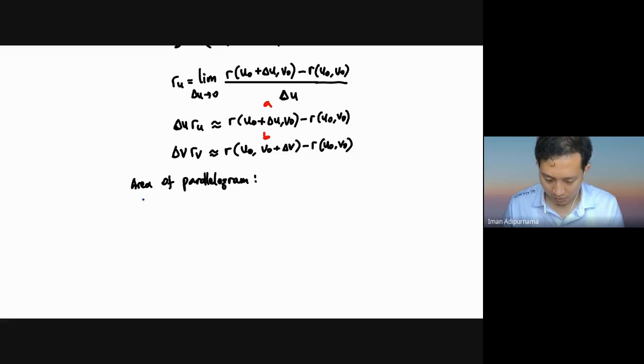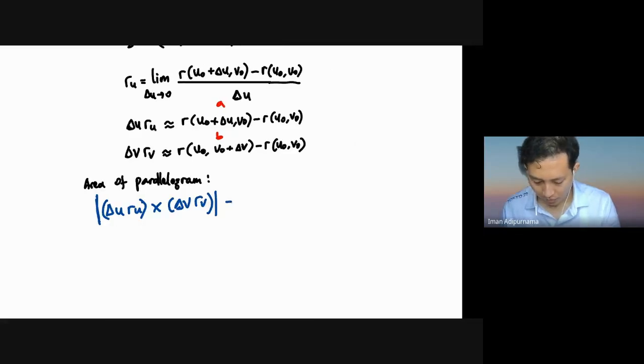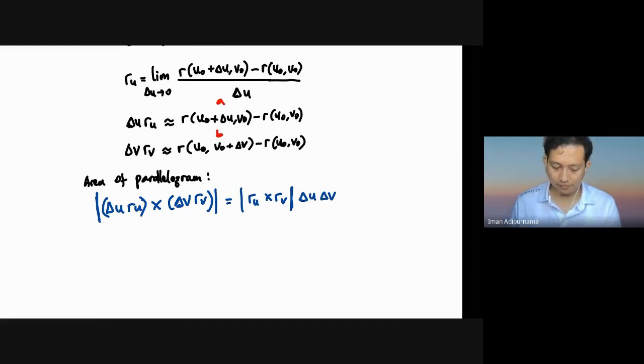So we can write this will be delta U RU cross delta V RV. Or we can write this as RU cross RV for the vector, right? And this will be multiplied by the delta, the rest.